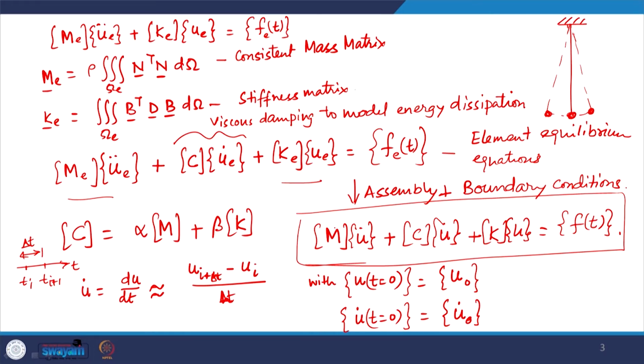So, the acceleration terms would be replaced by displacement components and delta t terms, the time interval. Eventually this differential equation will again be converted into an algebraic simultaneous equation which can be solved. We will come to that; this is what we call a time marching scheme.